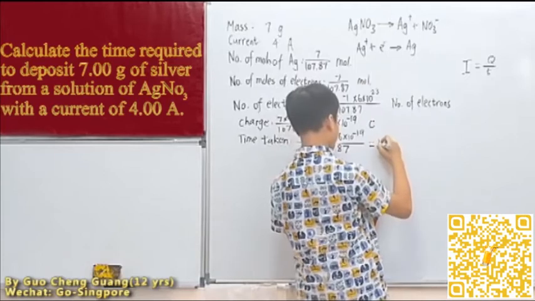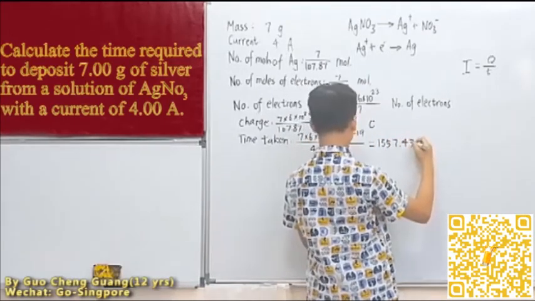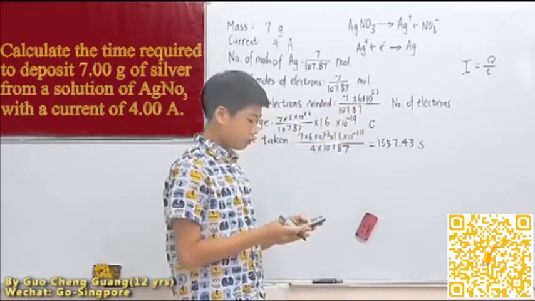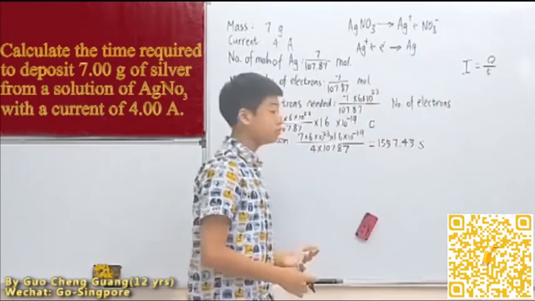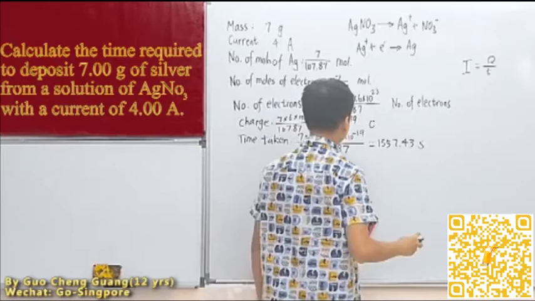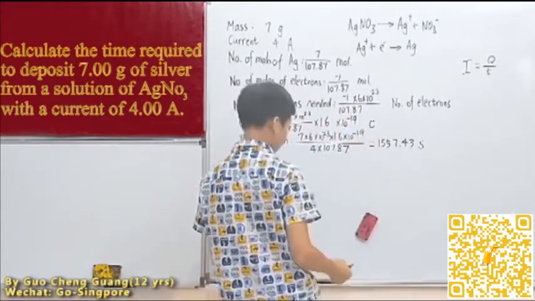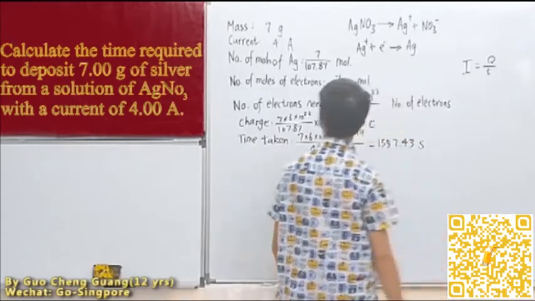What you get is 1557.43. For the time taken, we use seconds, unless they ask you for other units, like minutes or hours. So if not, you just use seconds. This is what we have so far.